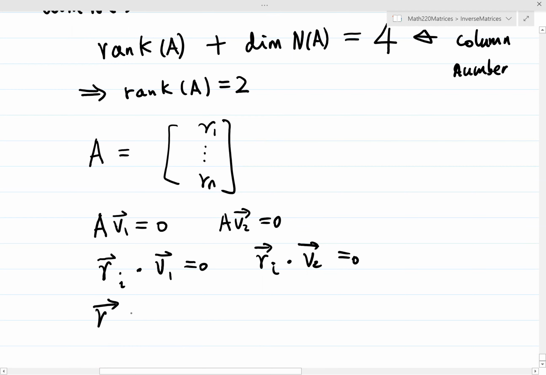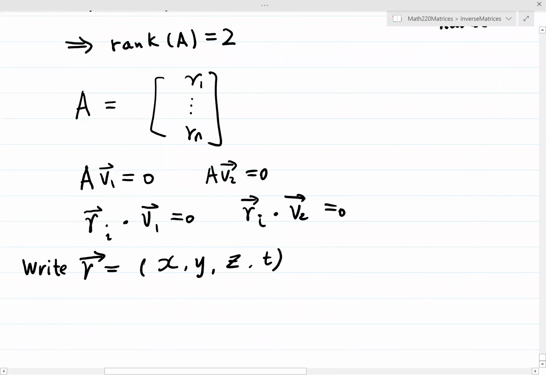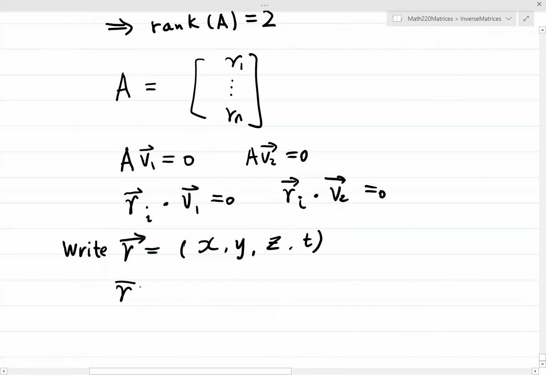So if we write R with 4 components, suppose this is x, y, z, t, four variables. Then we can write R dot V1.